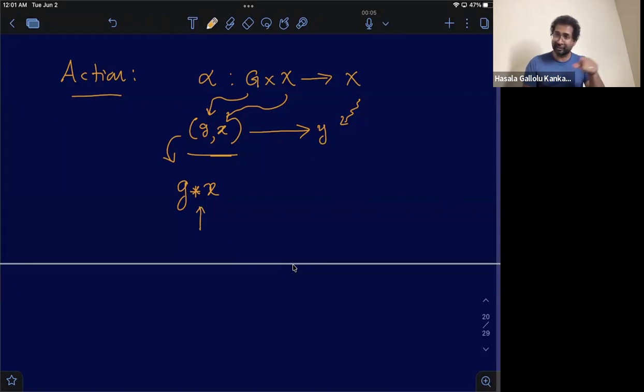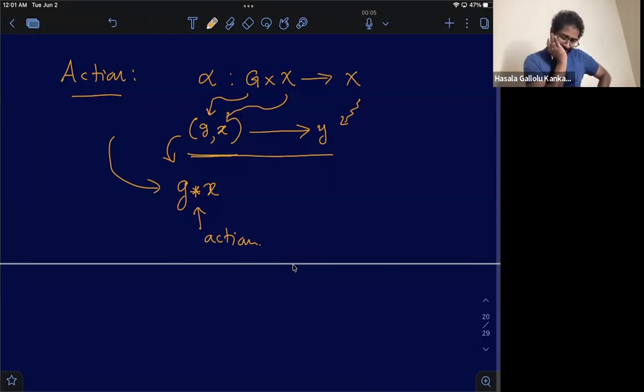It is not the group operation, it is a special operation that we define. We define it through this relation, through alpha. So you can write down the action in this way: the action is none other than this star operator. That is essentially writing it in a different form.